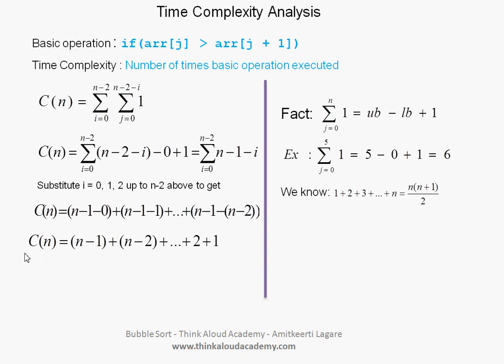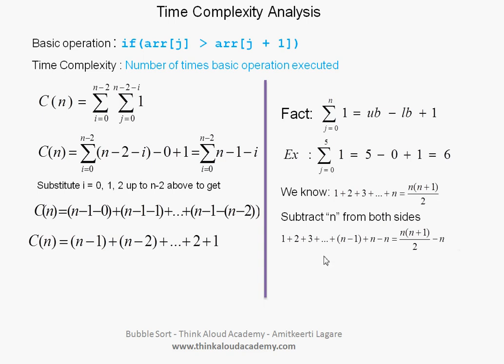Now we also know that 1 plus 2 plus 3 plus up to n can be written as n into n plus 1 by 2. If you compare our equation with the general equation, the difference is that here we don't have an n, so we are lacking an n, whereas there is an extra n on the left hand side. So we can subtract n on both sides of this equation.